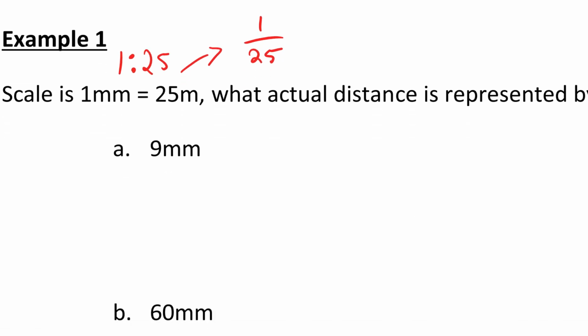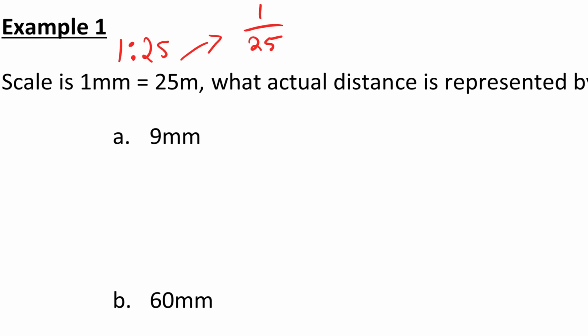So in this first one here, we have 1 millimeter equals 25 meters. So we have 1 on top and 25 on the bottom. So we have our millimeters on top and our meters on the bottom. And meters is what the actual measurement is, and millimeters is our scale drawing.